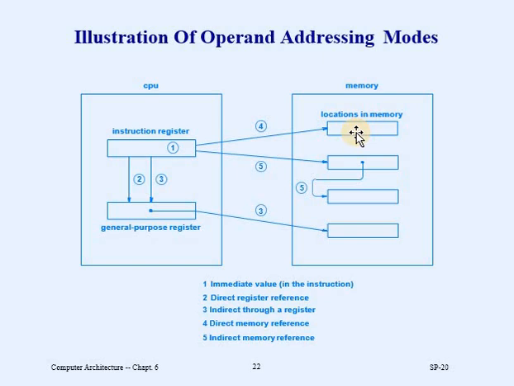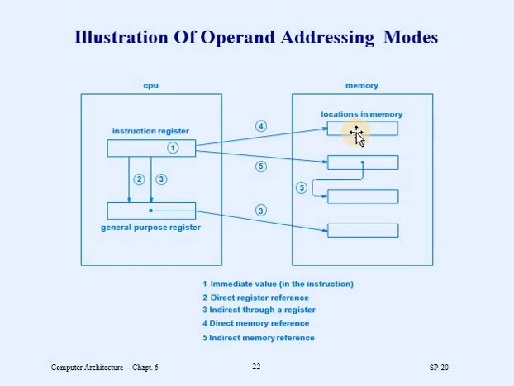So this mode is slower than the third one, but it is also used in the actual world, where we have the values of the operands specified in the memory.